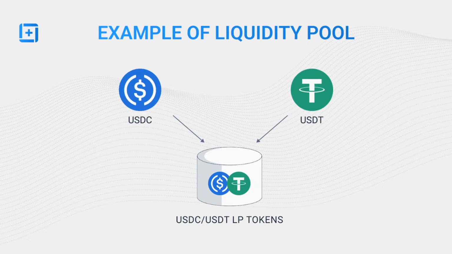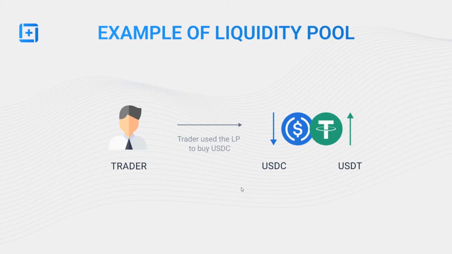If we take an example of USDC and USDT, we want to trade from USDC to USDT or vice versa. Well, we're going to need a liquidity pool that has those specific coins inside of it. So in this case, we would have 50% USDC and 50% USDT, and traders are able to go in, either buy USDC or sell USDC, and the same is true with USDT.